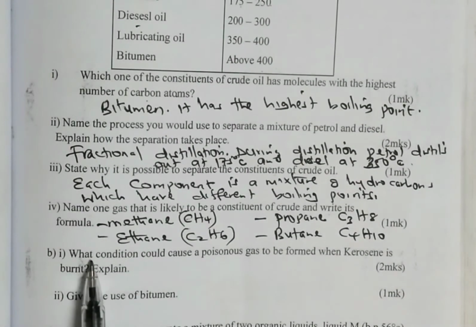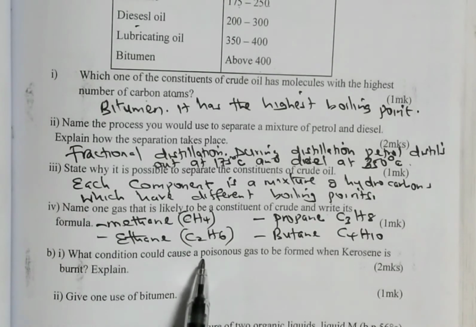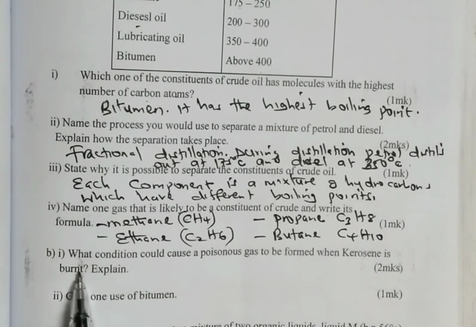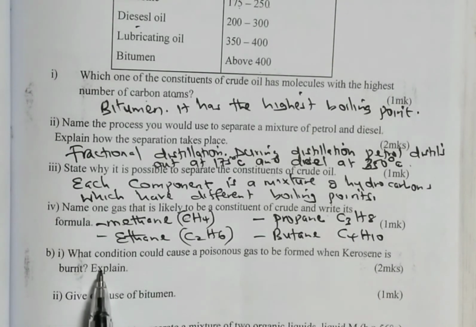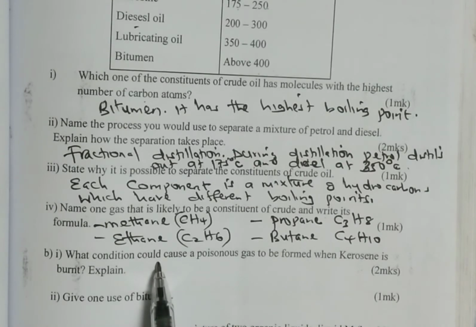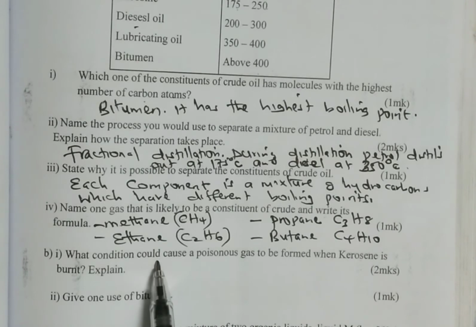B Roman 1. What condition could cause a poisonous gas to be formed when kerosene is burnt? Explain. If kerosene is burnt in insufficient supply of air, carbon 2 oxide gas is formed, which is poisonous.